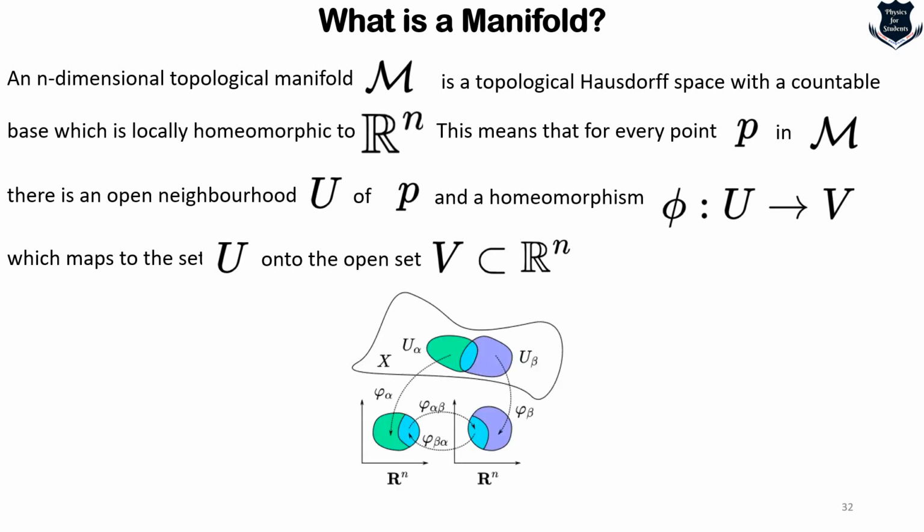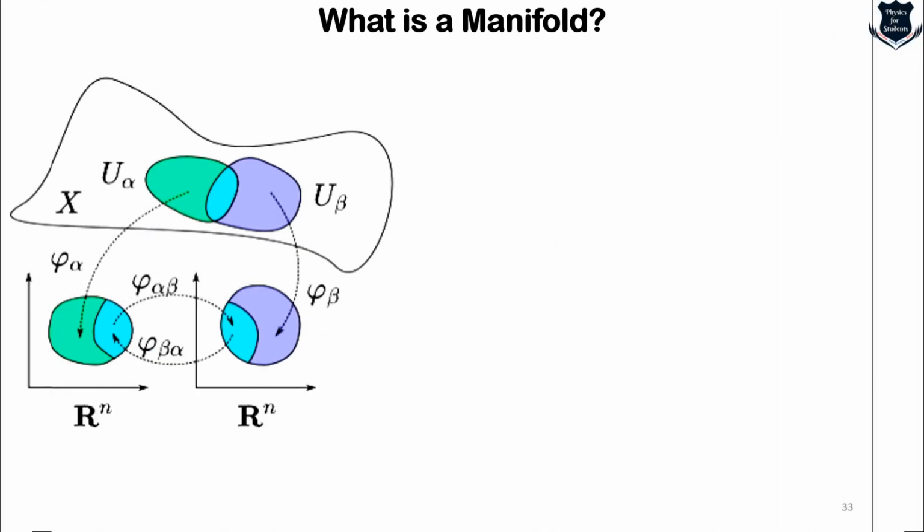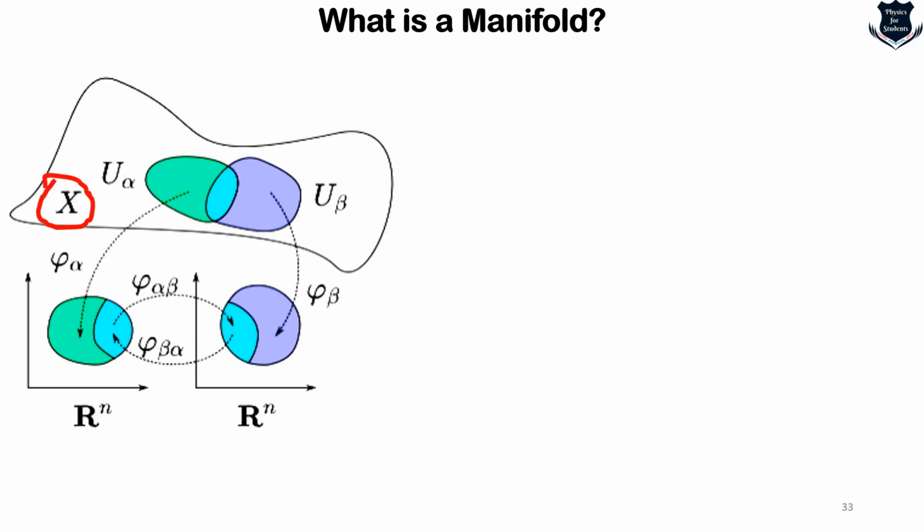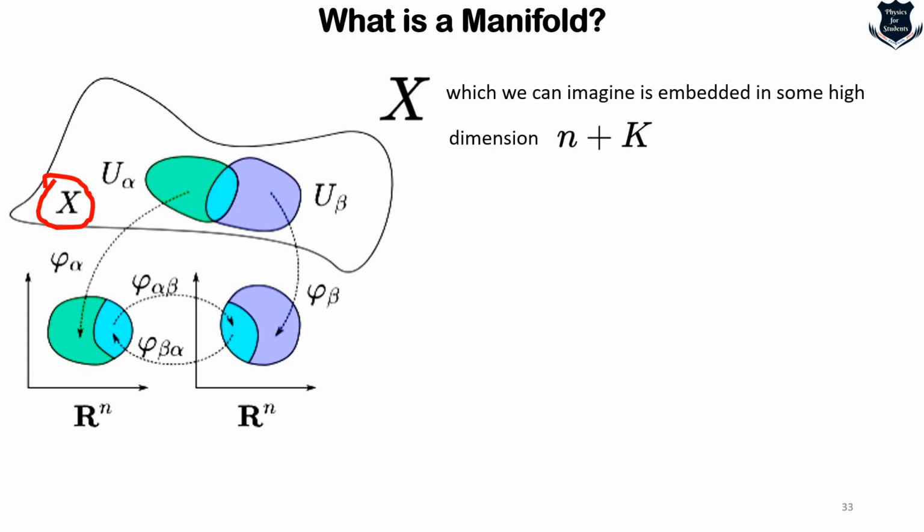Now all these M, N, etc. won't be clear until I give you a pictorial understanding, and this is the picture which I'm going to explain a little bit in the next part of the video. Here you can see first of all our manifold, in this case X, which we can imagine is a manifold in some high dimension, and we can take it as n plus k.